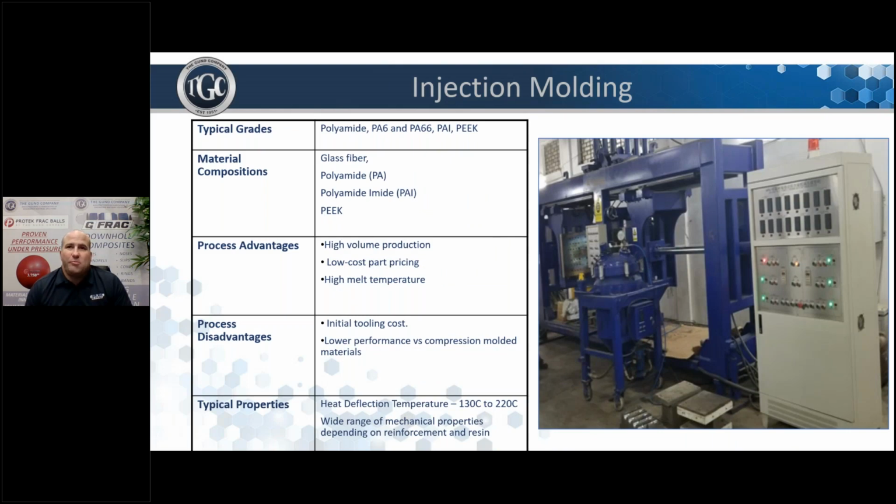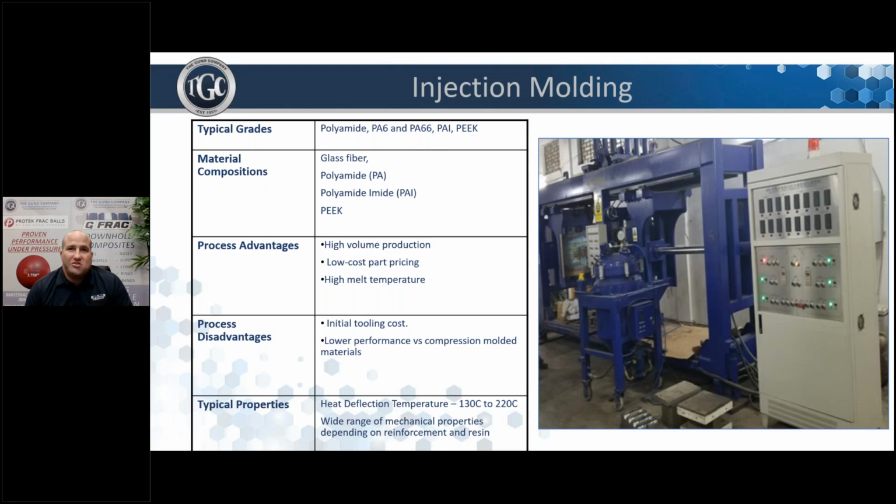To continue on the topic of molding, next we'd like to look at injection molding. Your typical grades for injection molding are your polyamides, which would contain your nylon classes such as N6. Material is again glass fiber, although they are shorter fibers than those in compression molding. Same as compression molded, there are thousands of injection molded materials to choose from.